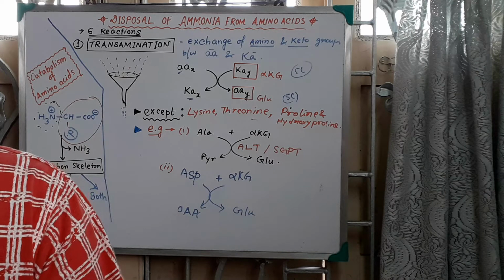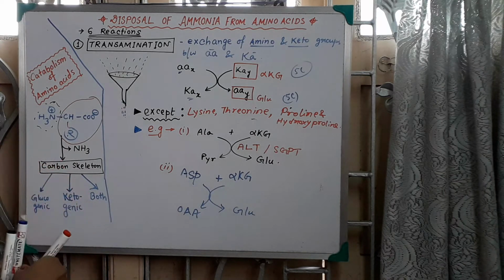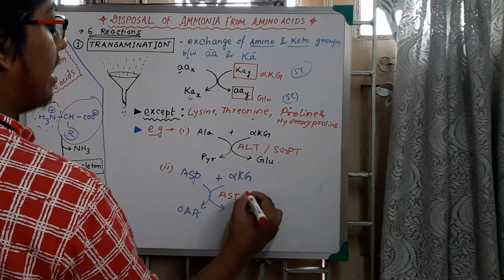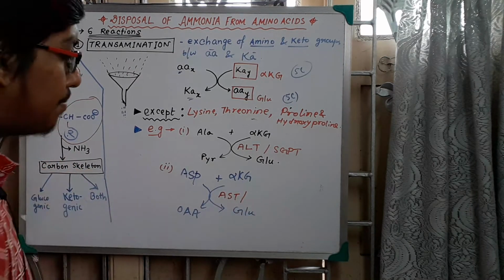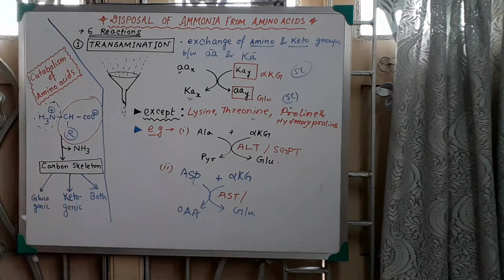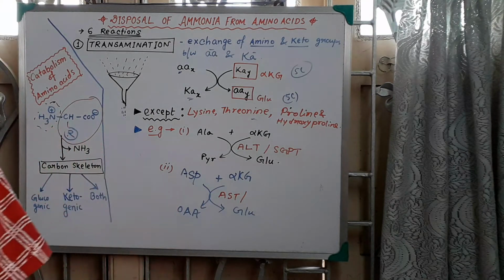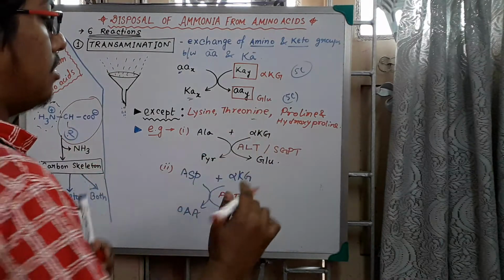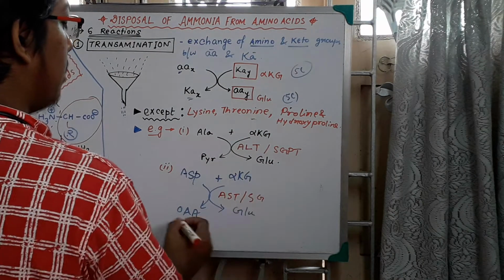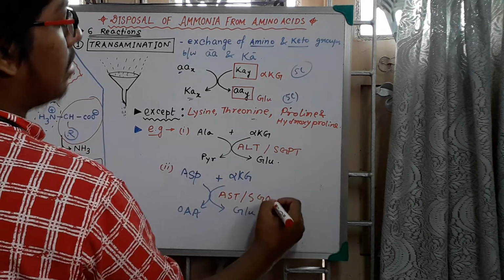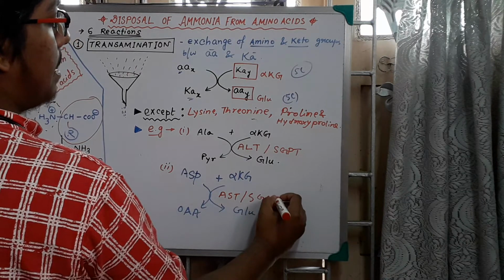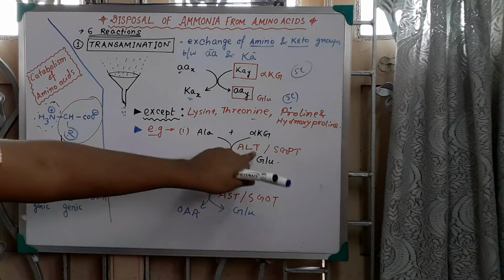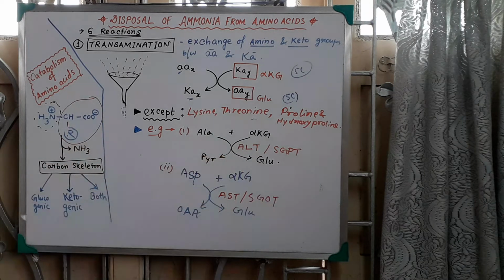The enzyme is AST, aspartate transaminase, aspartate aminotransferase, or SGOT, serum glutamate oxaloacetate transaminase. So it is ALT, alanine aminotransferase, and AST, aspartate aminotransferase.